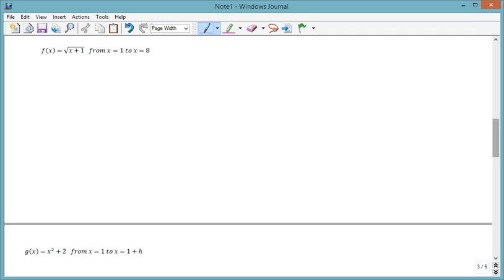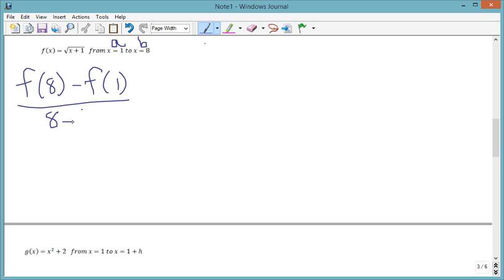But always it's going to be the f of b minus f of a, that's the change in the y's, over b minus a. So in this case, this is a and this is b, right? So I want f at 8 minus f at 1 over 8 minus 1.